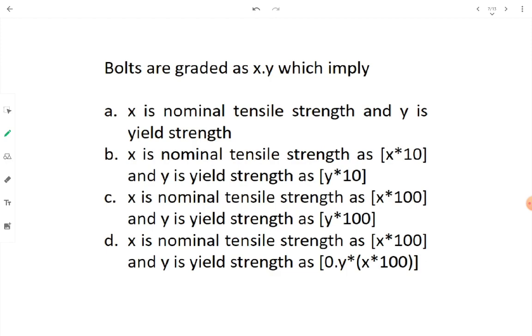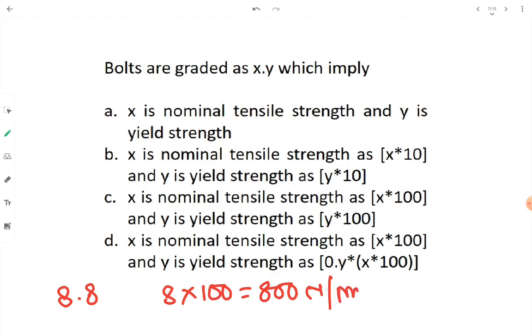See, for example, class 8.8 bolt is there. Okay, it means that nominal strength is taken as the first digit before the decimal point multiplied by 100. Okay, it will be 800 Newton per mm square.